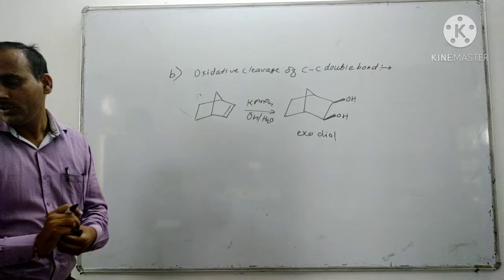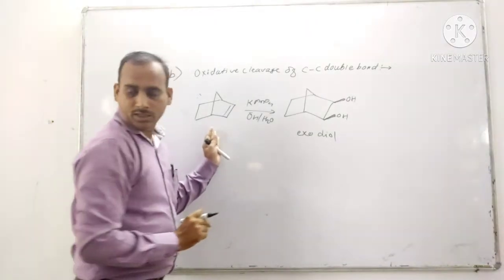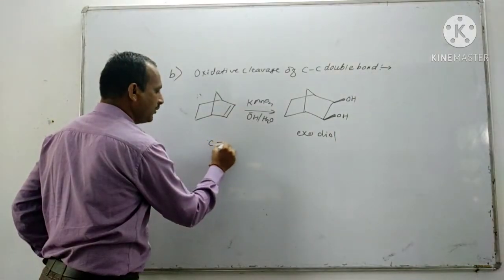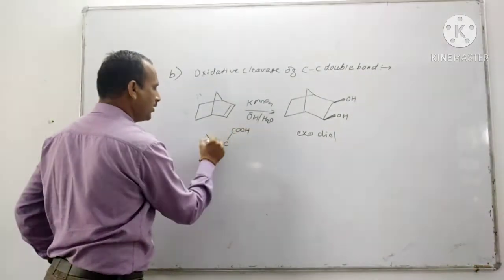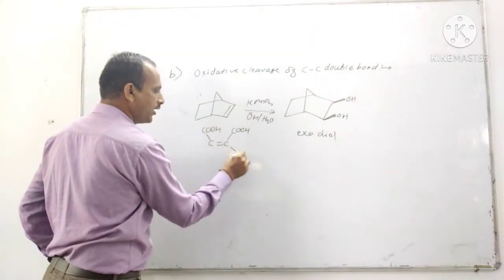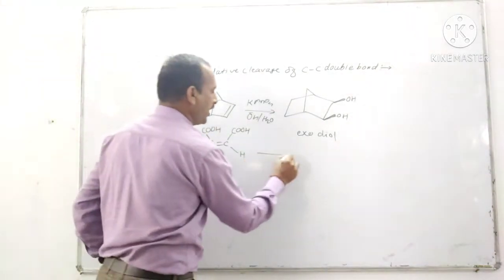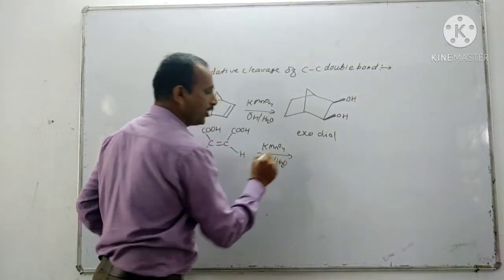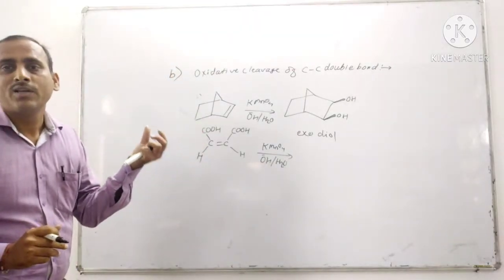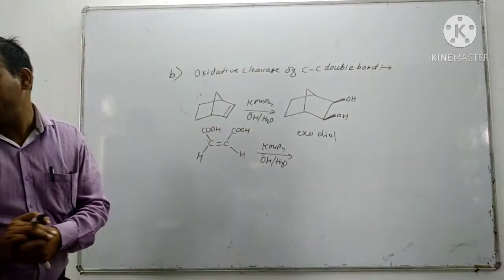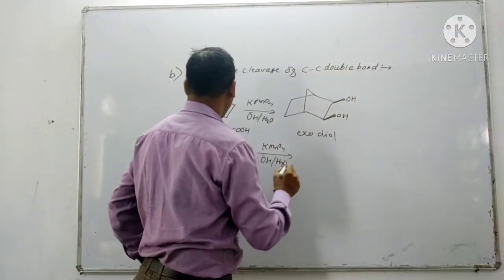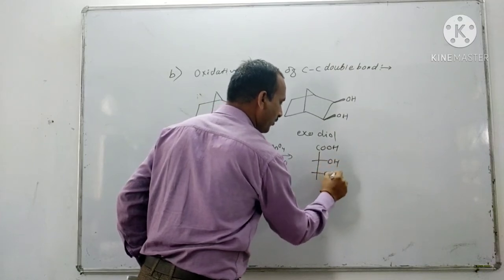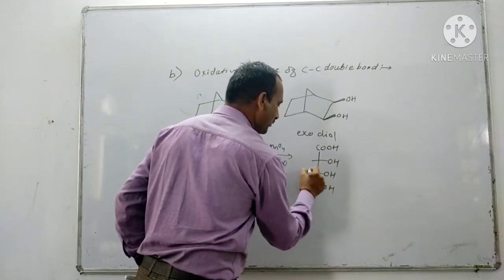Then another example, maleic acid, C double bond C, COOH, COOH, H. Again by using KMnO4, OH minus and water, it gives a meso product, that is mesotartaric acid, COOH, OH, OH, COOH.